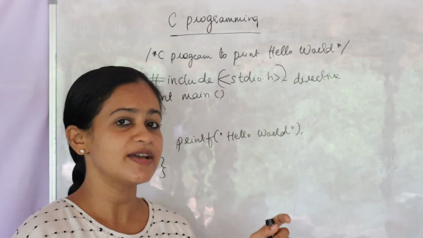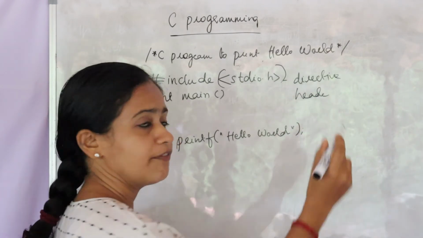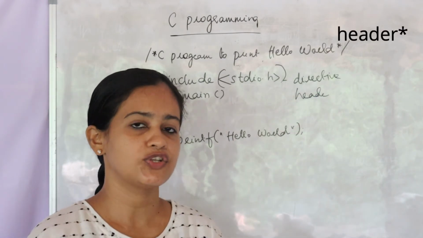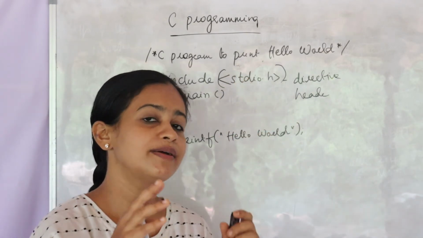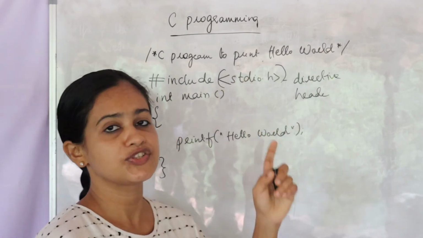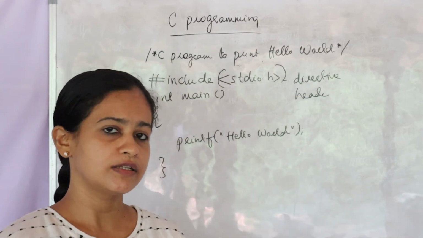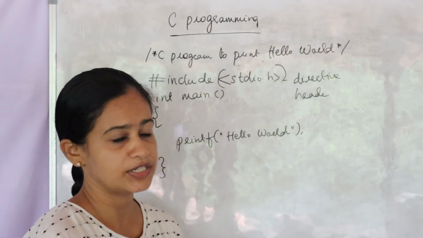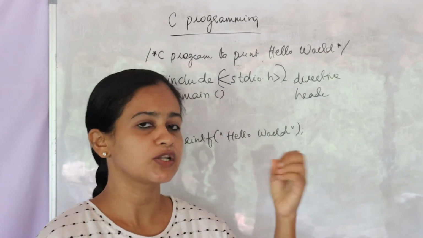This .h is a header file. Every header file is stored with an extension of .h. Why do I need this header file? I'll come to that in a moment. For now, just understand I am telling the compiler to include the header file.